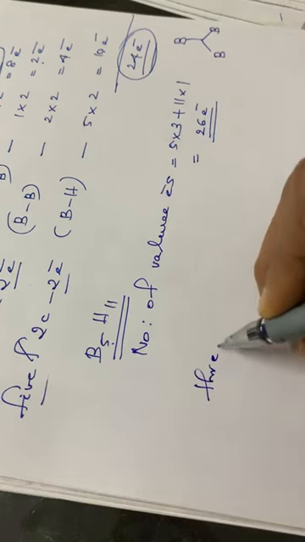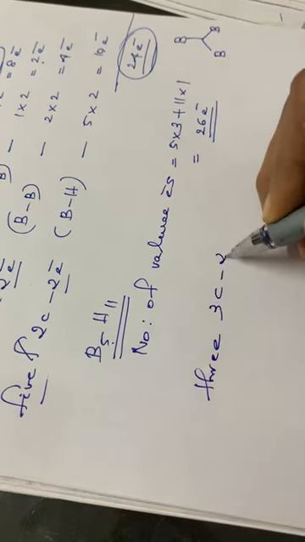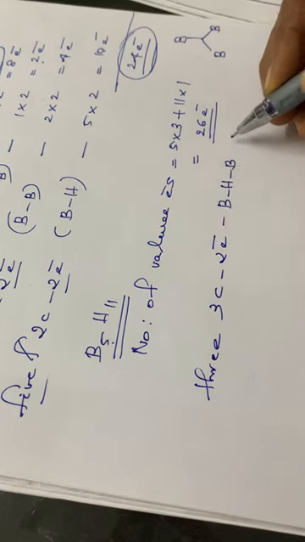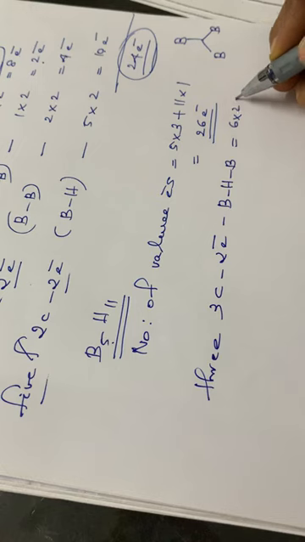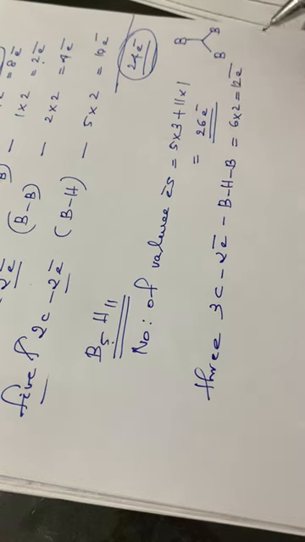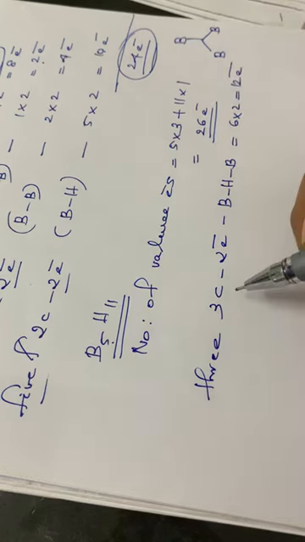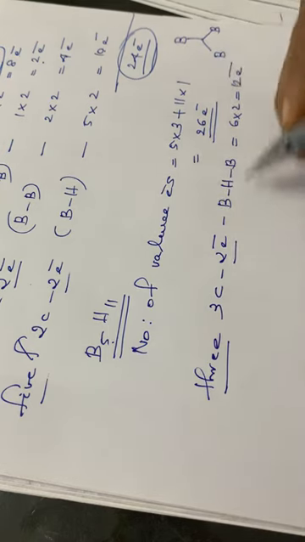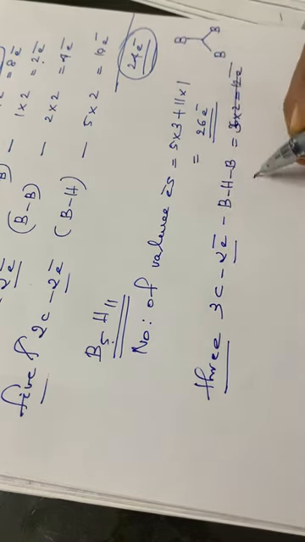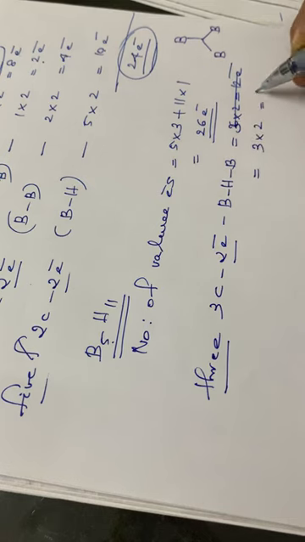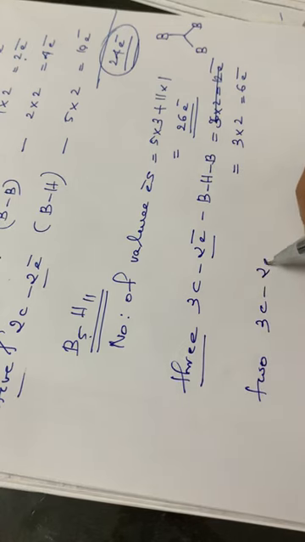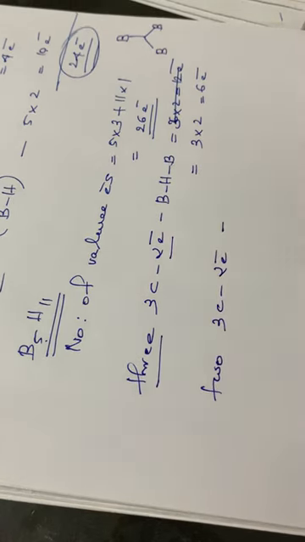Then here 3 center 2 electron bonds are there. That is the BHB bonds. That is equal to 3 into 2, that is equal to 6 electrons. Then the next is 2 3 center 2 electron bonds.